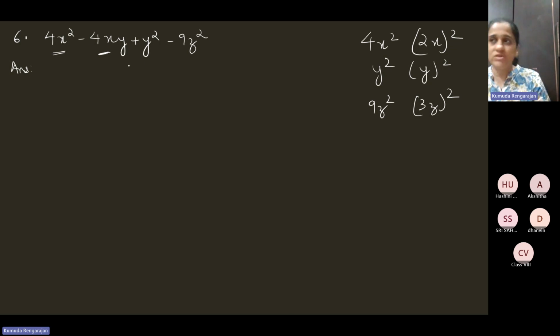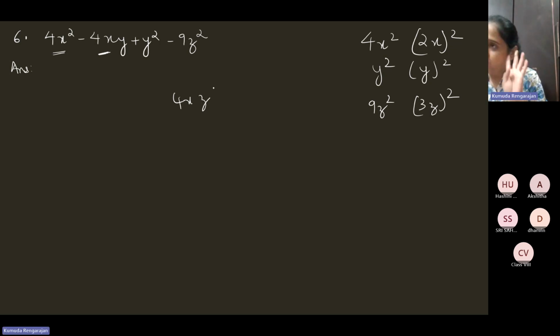What we have to do in a situation like this is take that 4xy term with, what are the variables there? x and y, right? So take this term with x squared and y squared. Supposing it was 4yz, then you should take that term with y squared and z squared. If it was 4xz, then you should take it with x squared and z squared.